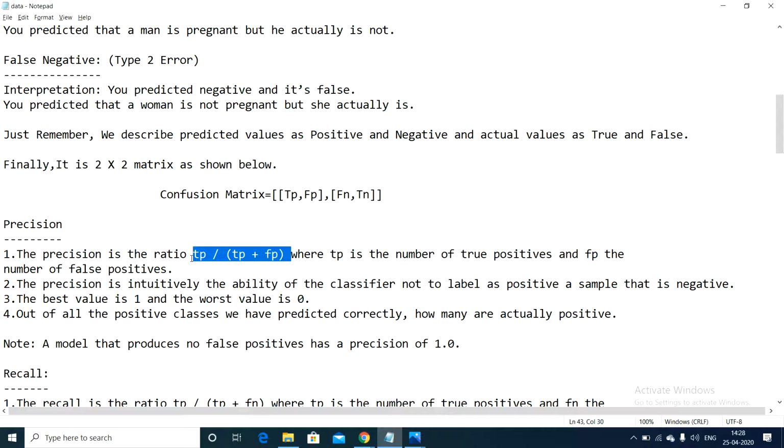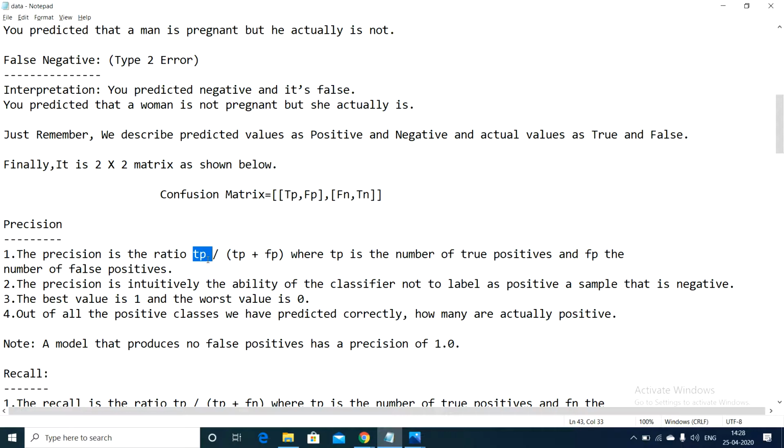What is the outcome of this precision? What we get from precision is, out of all predicted positive cases, how many are actually positive. The numerator tells us how many are actually positive cases, and the denominator is how many total positive cases there are.